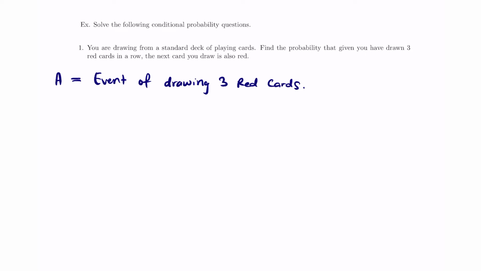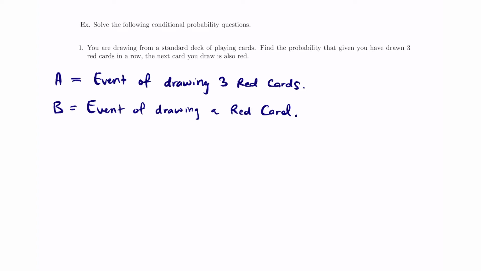And then let's look at our second event. The second event has to be this one here, which is event B, we'll call it. And we'll say that this is the event that the next card we draw is red. So this is the event of drawing a red card.